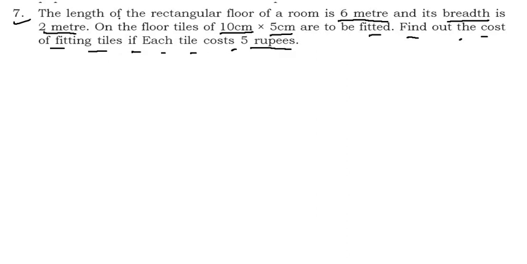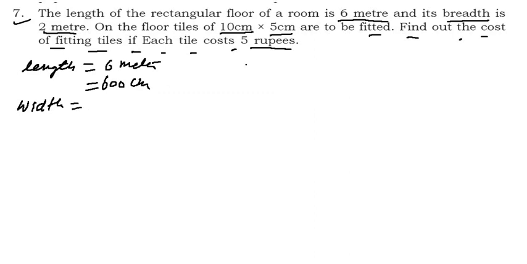So let us start with the area of the rectangular floor. Length is given as 6 meter, change into centimeters, so it is 600 centimeter. Width is given as 2 meter, so you can change into 200 centimeters.